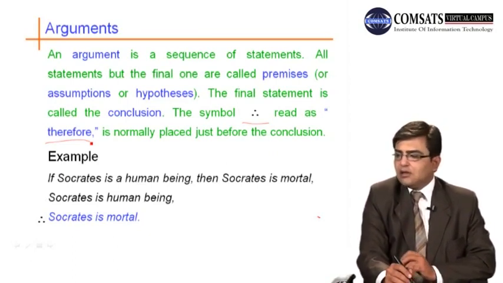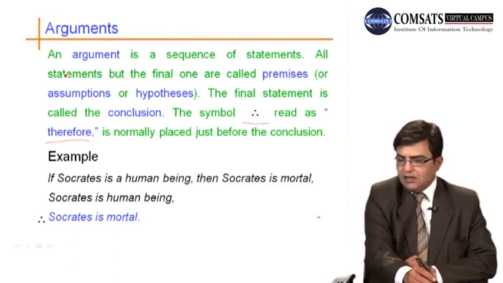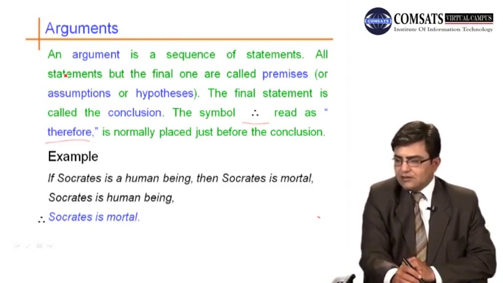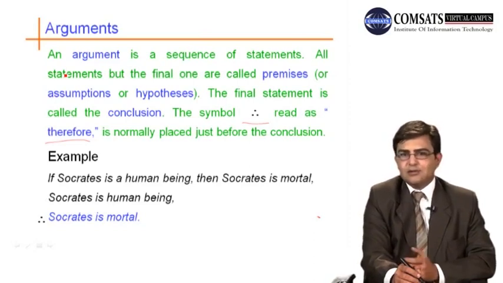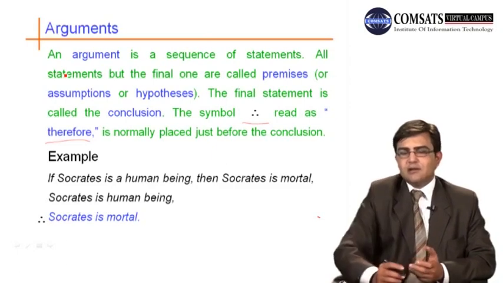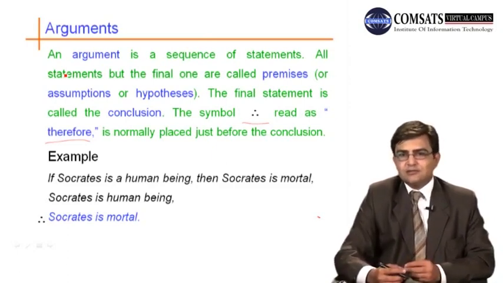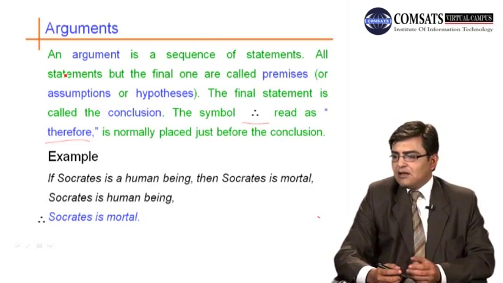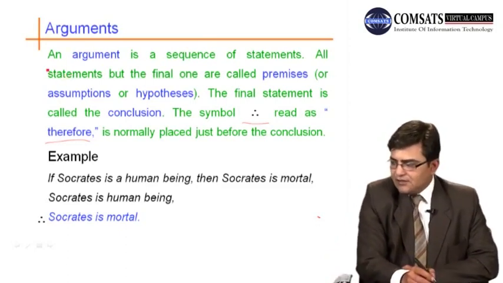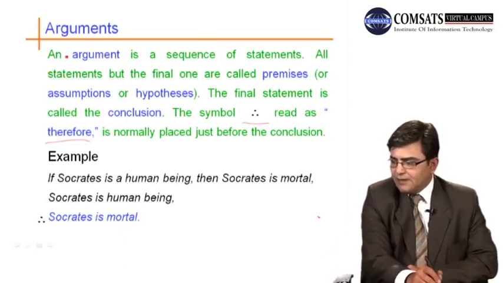For example, if Socrates is a human being, then Socrates is mortal. You probably know that Socrates was a mathematician and philosopher. So if Socrates is a human being, then Socrates is mortal. Mortal means death comes to Socrates. This is the first premise of the example.